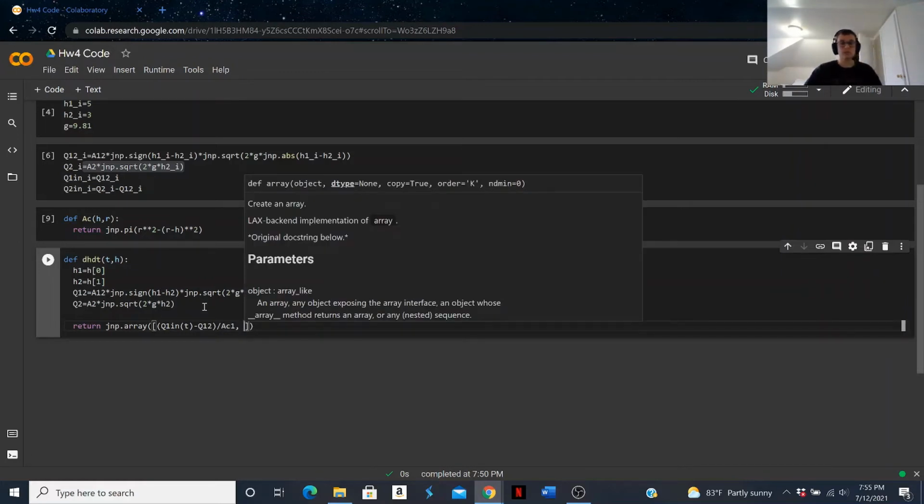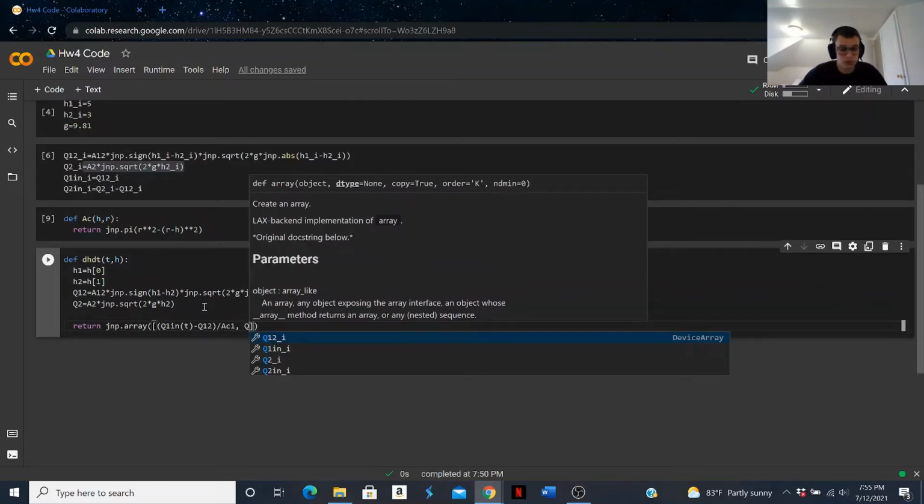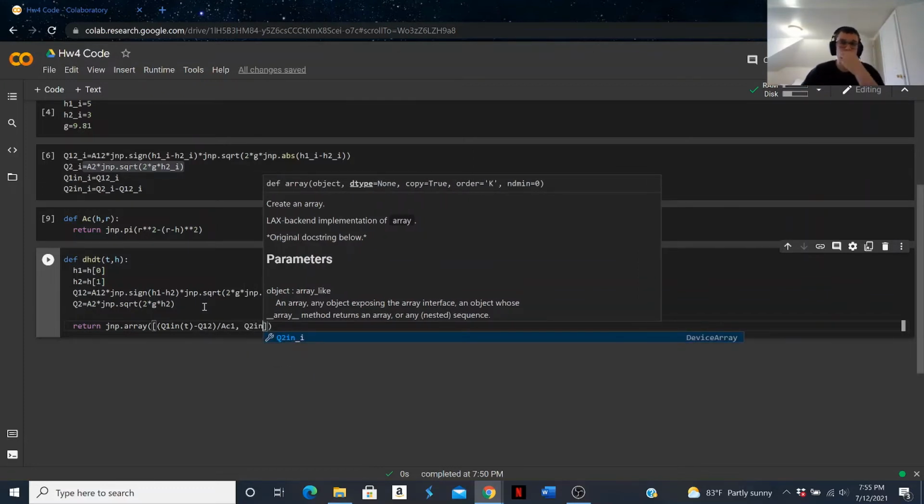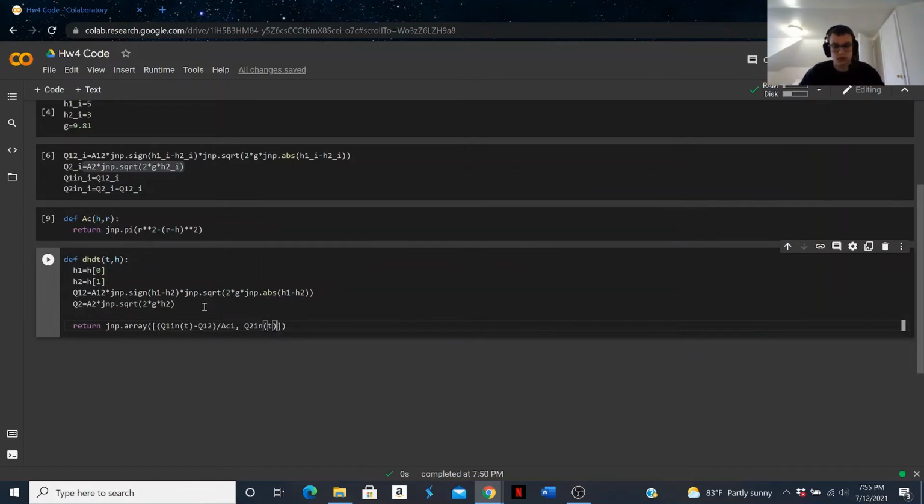Next we're solving for the second flow rate, right? So Q2 in with respect to time plus Q12 minus Q2.